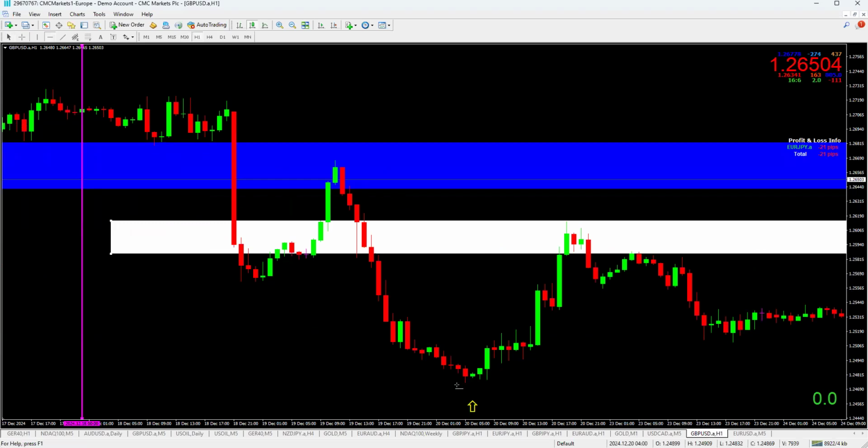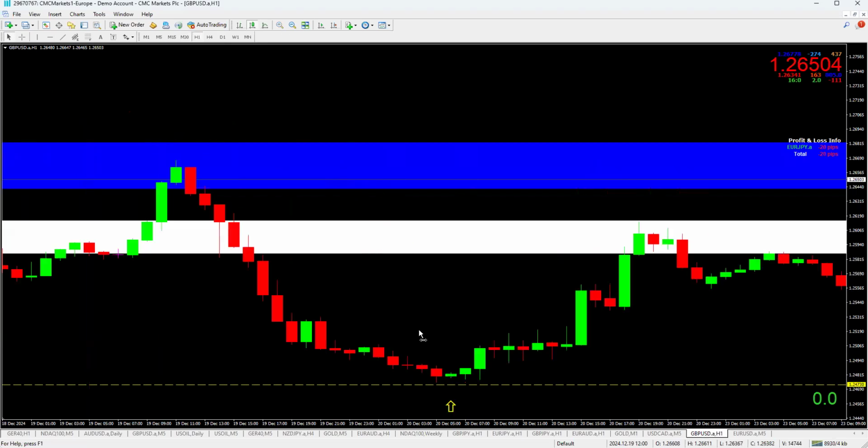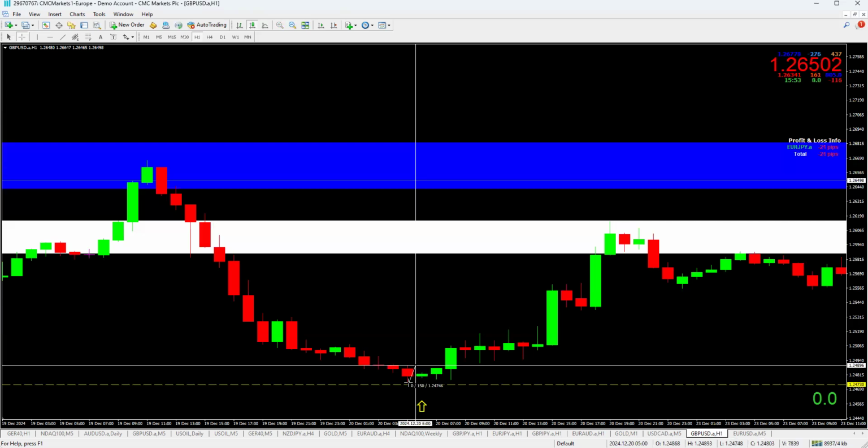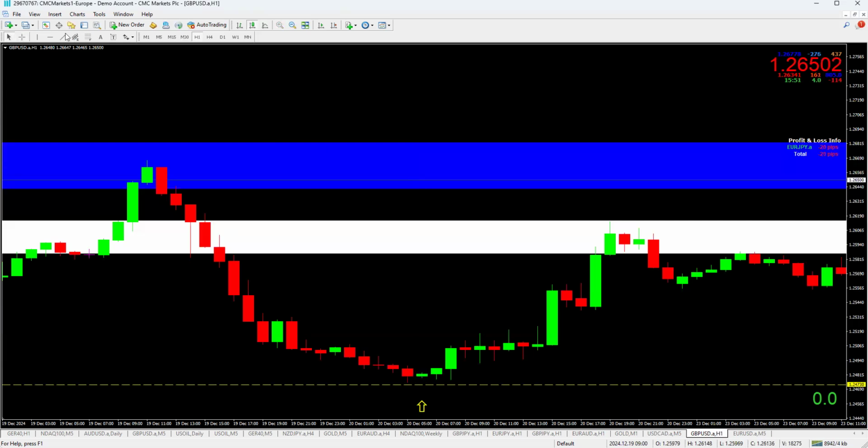So what do we want? This is the candle that sticks out the most. That's this red candle, a range of 14 pips.